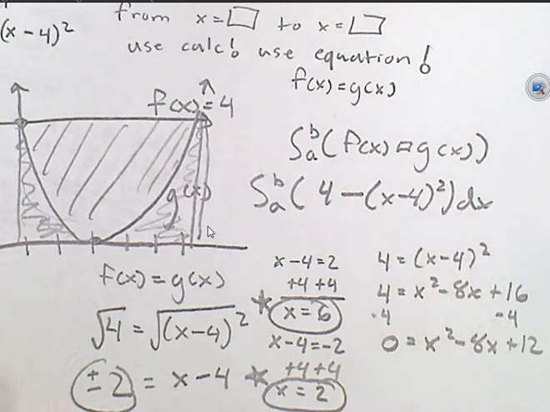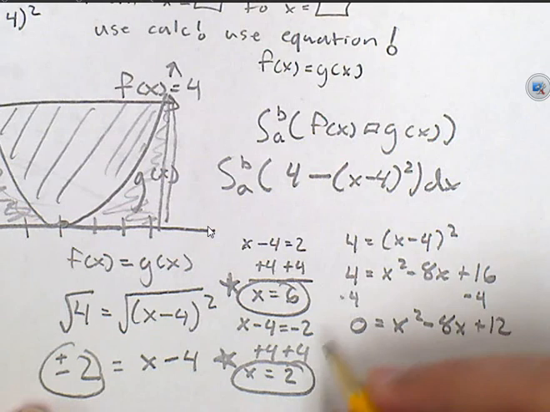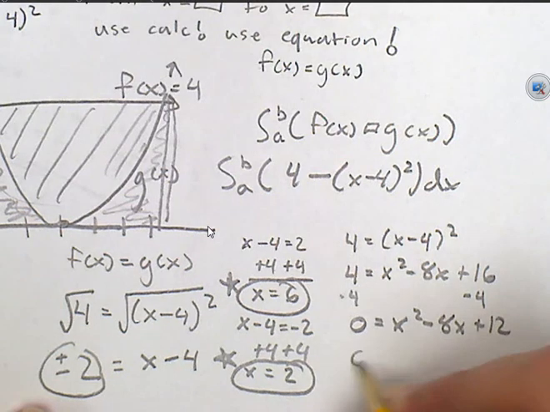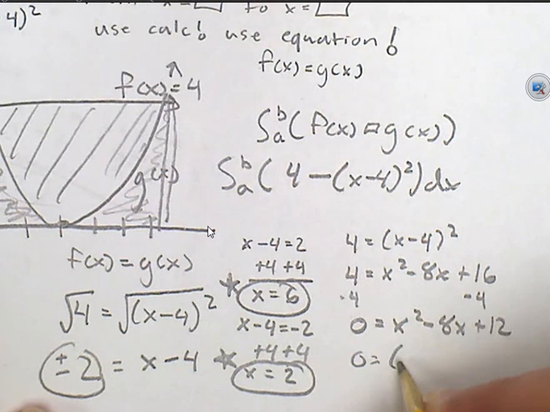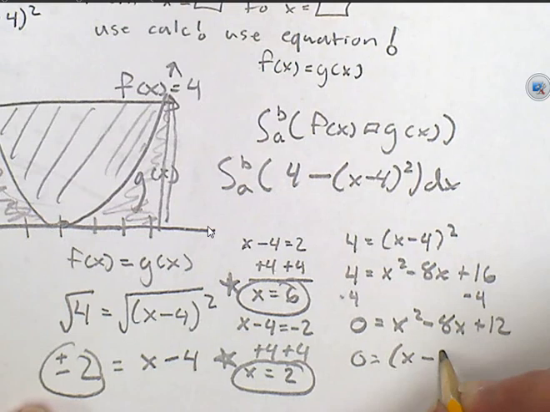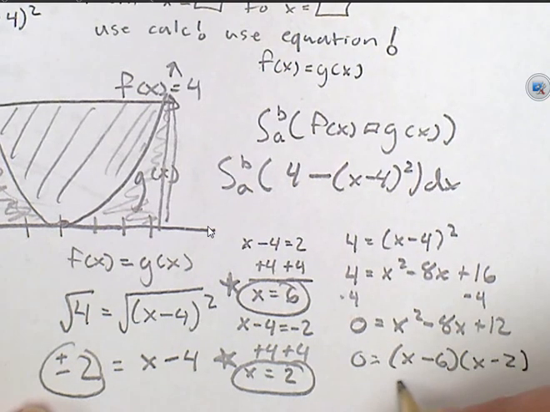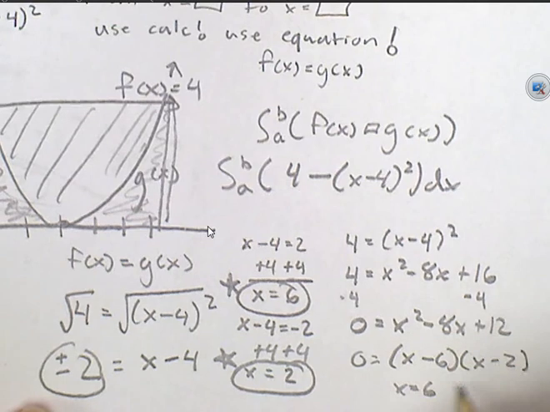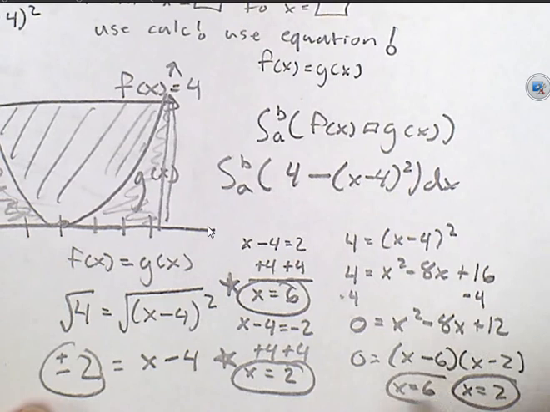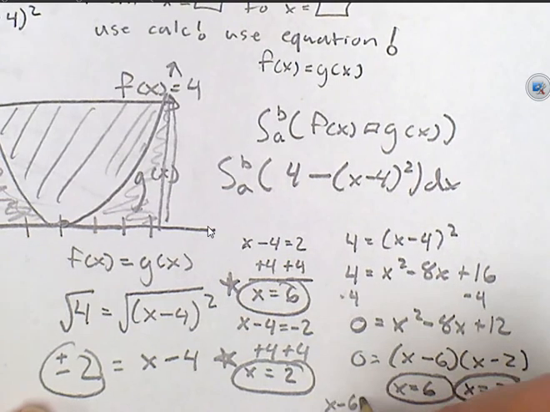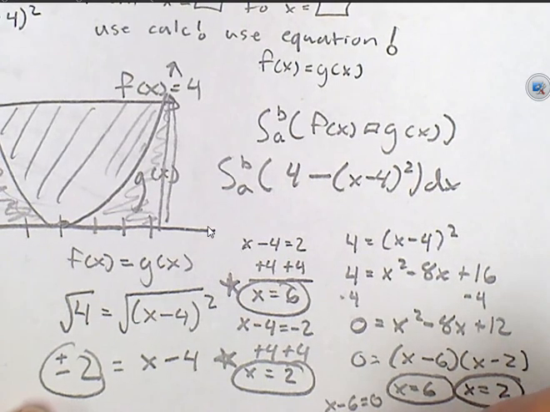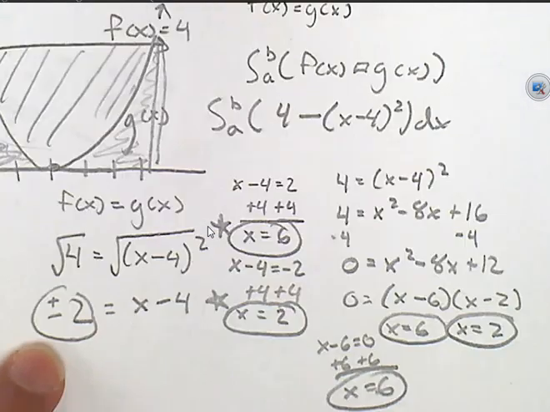Then I factor. This factors into x minus 6 times x minus 2. So I solve: x equals 6, x equals 2. You set both of those equal to 0. You set x minus 6 equal to 0, add 6, x equals 6, and likewise for 2.